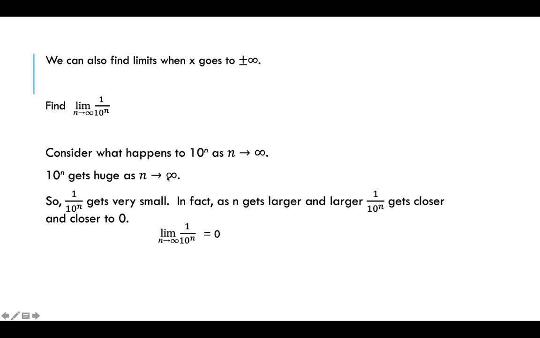So as n approaches infinity, 10 to the nth power is just going to be huge. Well, that's in our denominator, so 1 over a huge number gets very, very small. As n gets larger and larger, 1 over 10 to the nth gets closer and closer to 0. So the limit as n goes to infinity of 1 over 10 to the nth is 0.